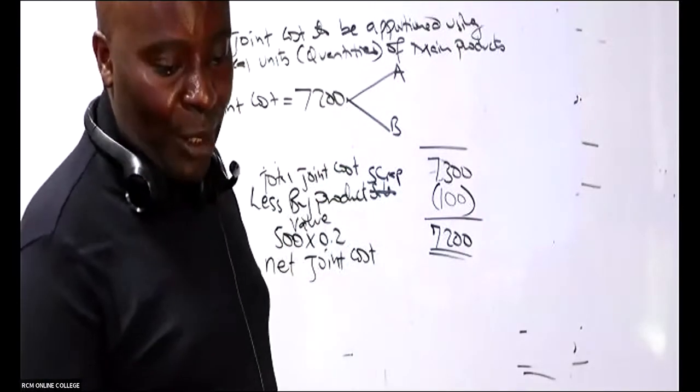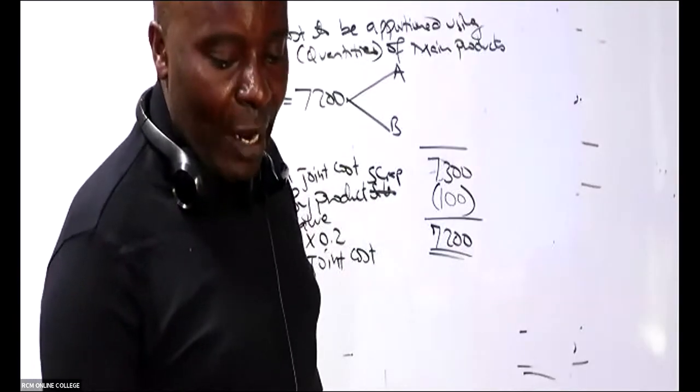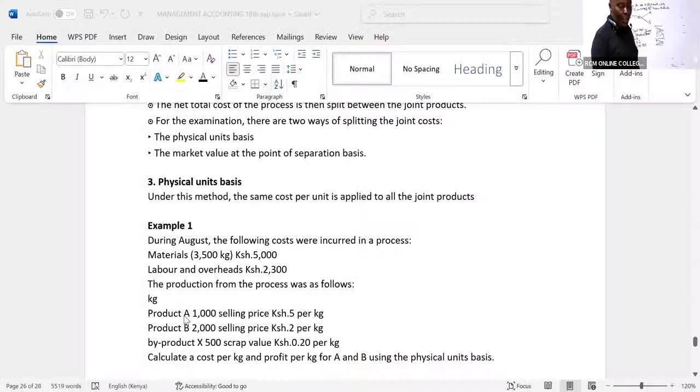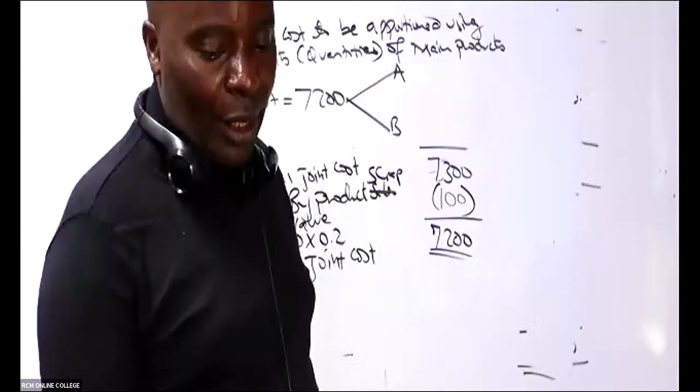Do we have their physical units? Yes, because this is the physical units basis. Product A is 1,000 kilograms and B is 2,000 kilograms.